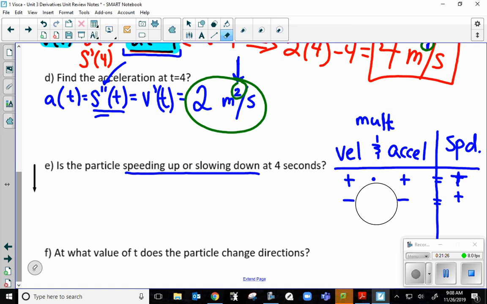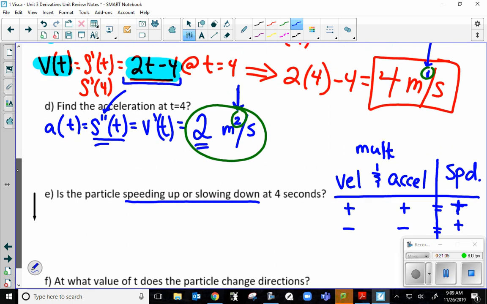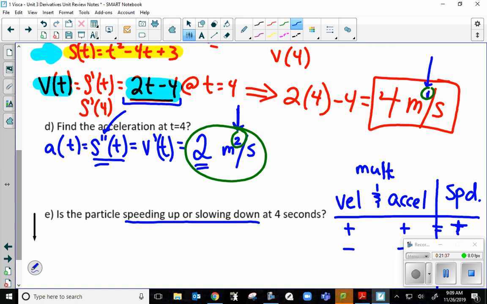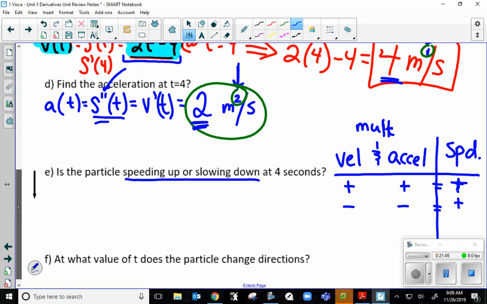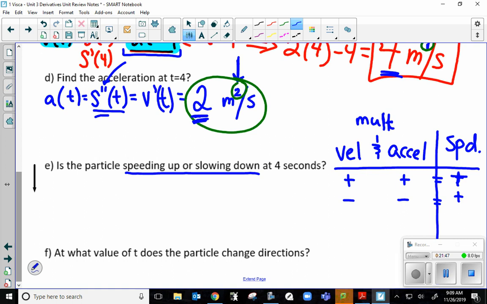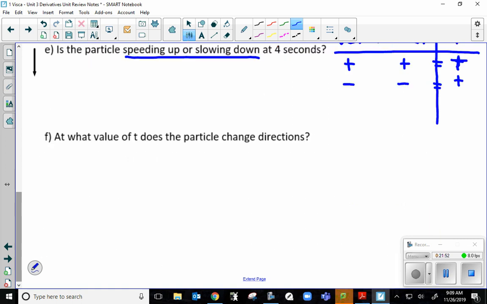Acceleration is the change in speed. Look, my velocity at time 4 was 4 meters per second. My acceleration at time 4 was 2 meters per second. Don't multiply and say, oh, it's changing by 8. No. I'm just trying to get you to make the correlation here between velocity and acceleration. Now, what if the signs are different?